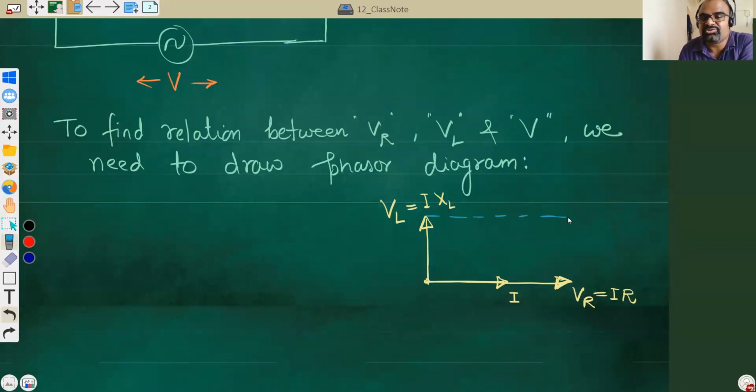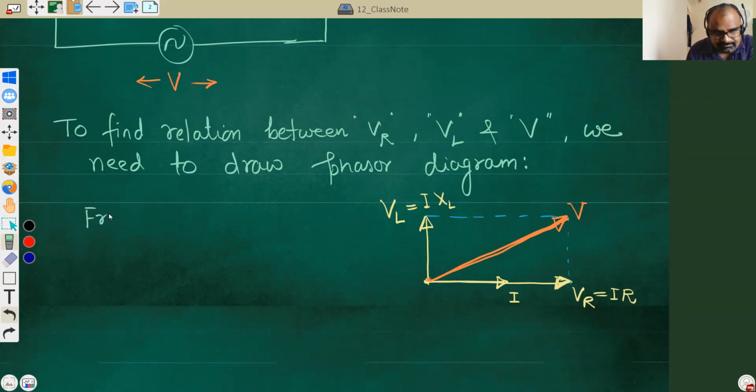So vectorially, if you add this and this, you should get the source voltage. So let us add them. This is going to be our source voltage. Source voltage we represent with the symbol capital V. So what do we get from the phasor diagram?